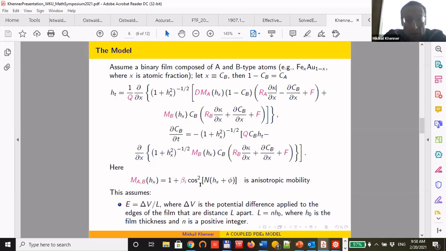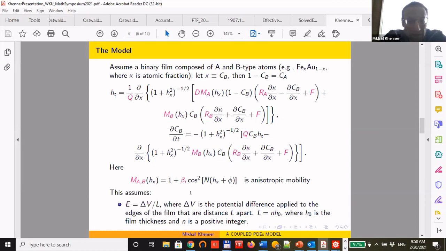So our goal now is to make the analysis of this system, and we did not try to do anything sophisticated as far as analysis. And also we will want to compute, of course, the evolution of h and the evolution of Cb.